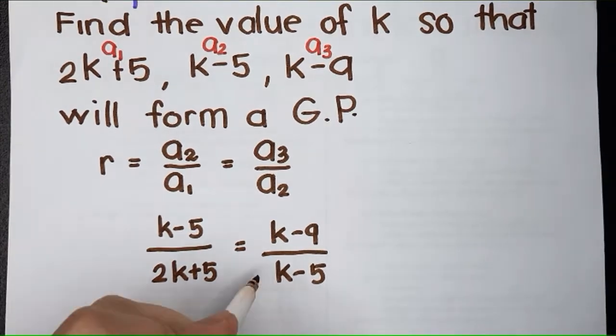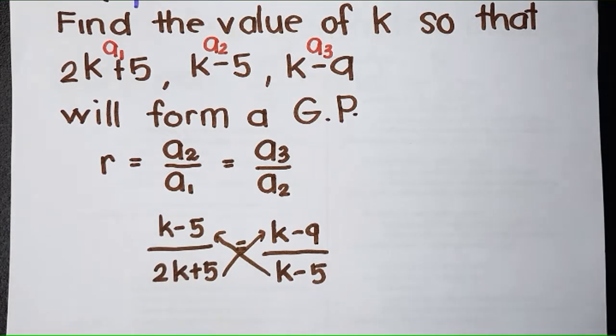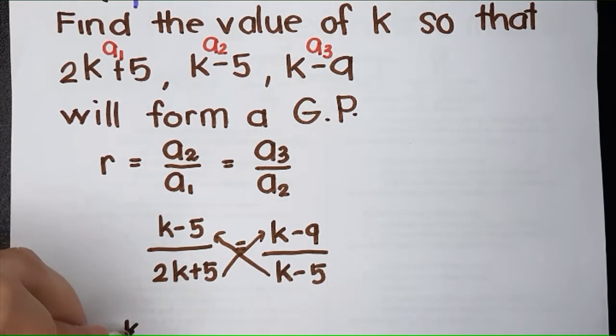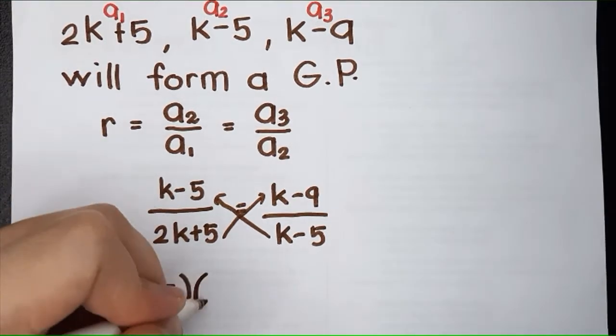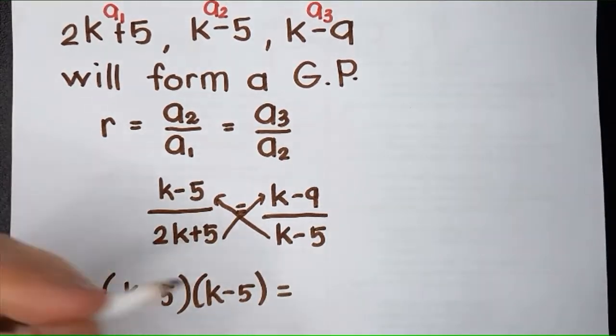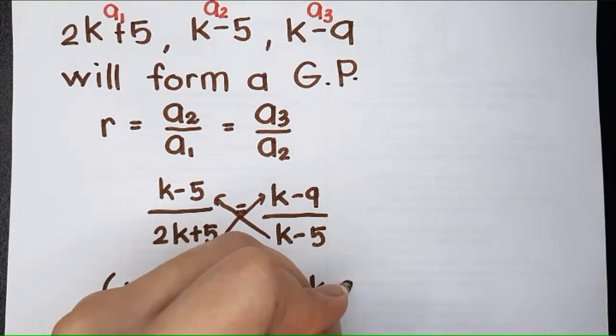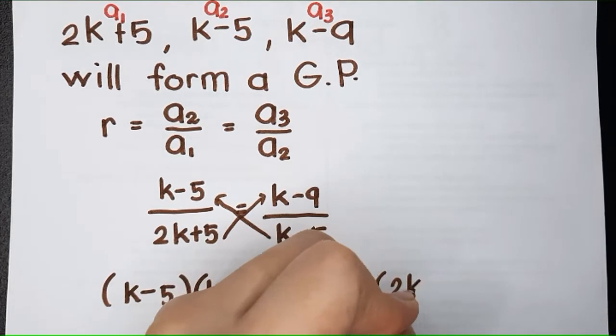We cross multiply. And we get k minus 5 times k minus 5 equals k minus 9 times 2k plus 5.